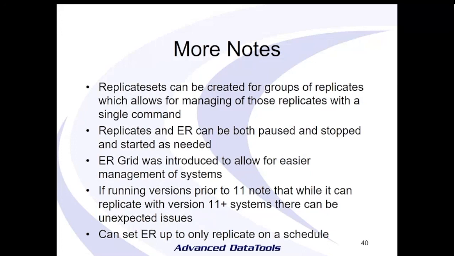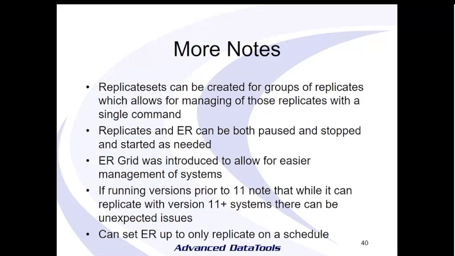You can set replicates as well as the full ER system to stop, and you can also pause it if you need to. So those options are there if you need to do some work or you have something going on you don't want to replicate. In version 11, ER Grid was introduced, which gives you a number of options if you enable Grid and set it up.